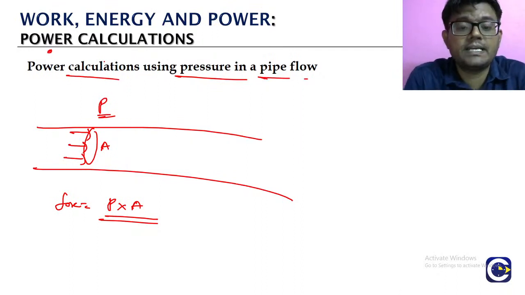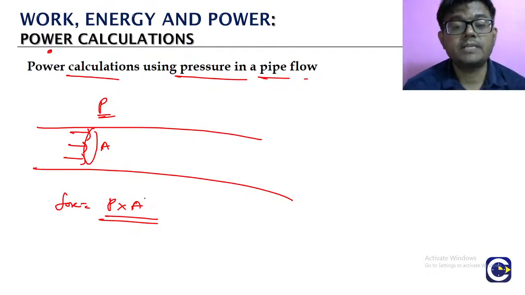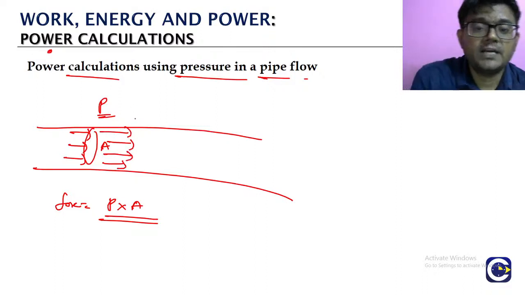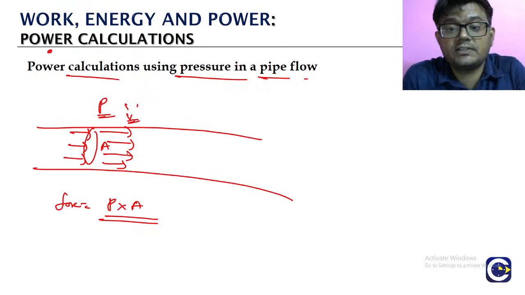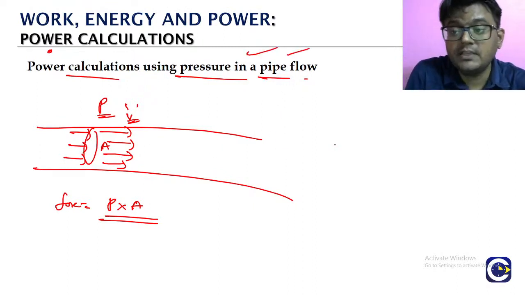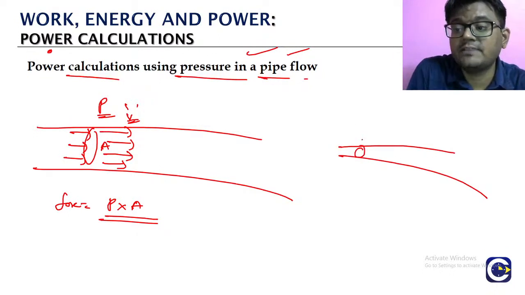Okay, so how do you calculate the power here? So if you look at force, what is the force? Pressure into area. Now the fluid will be moving through the pipe with a velocity V. So here V is the velocity at the cross section. Now we'll study in the properties of fluid chapter that depending upon the cross section area, say for example here the area is A1, the speed of that fluid is V1.